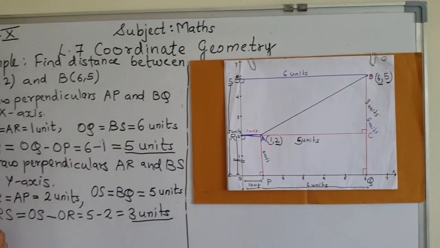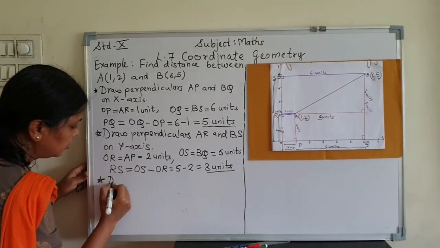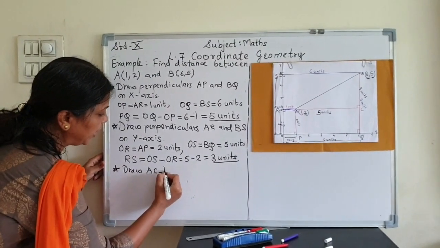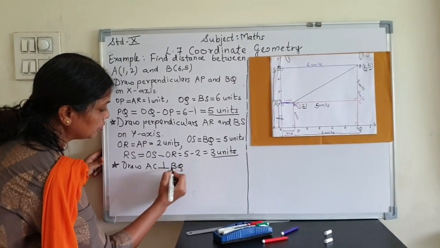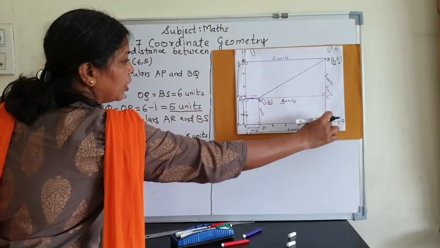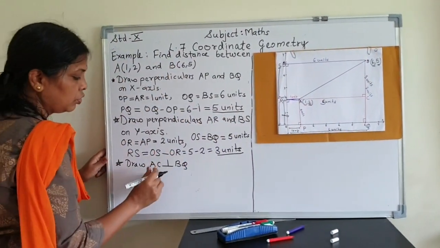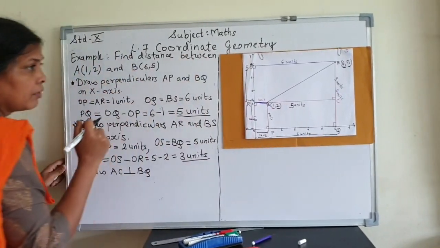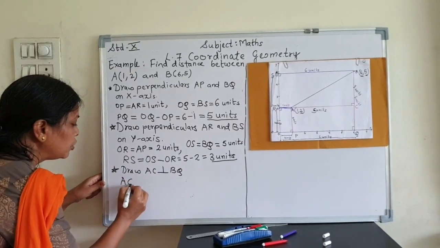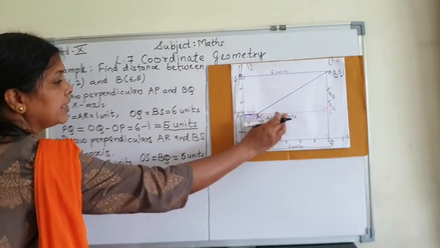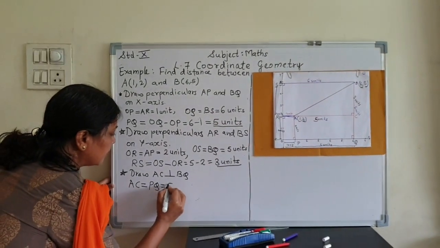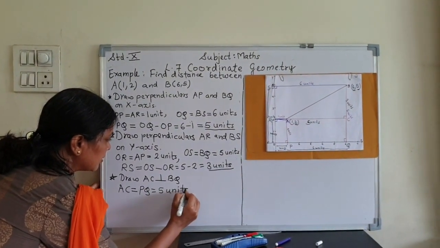So let's write it here what we have done. Draw AC perpendicular on BQ. So AC perpendicular on BQ, here it is meeting at point C. So now what we get with this, that this AC is equal to PQ, which is 5 units.